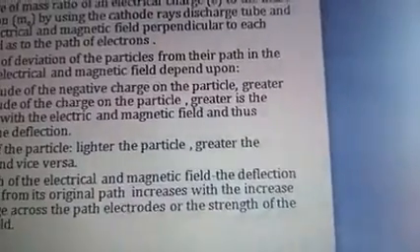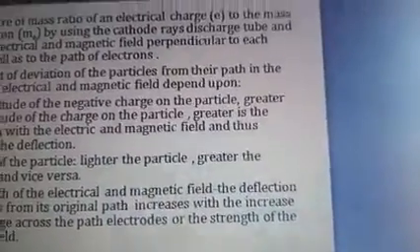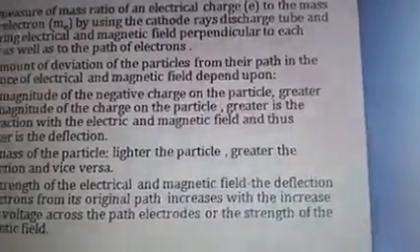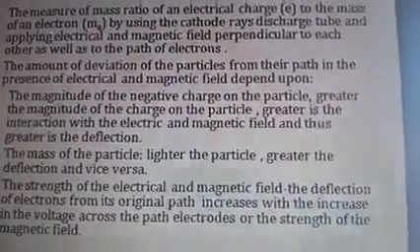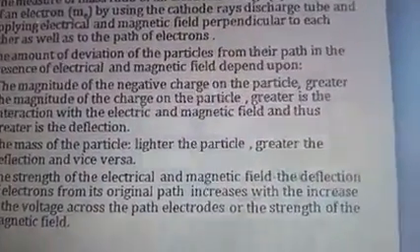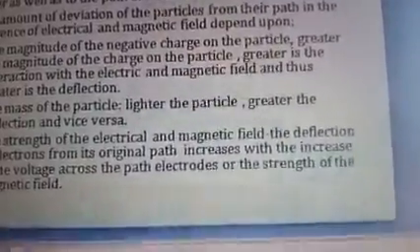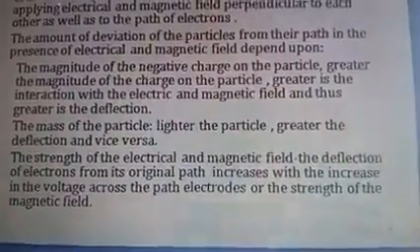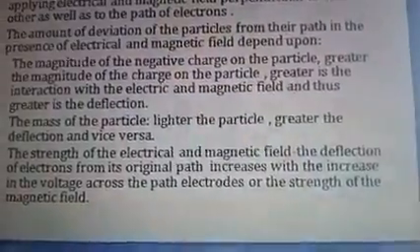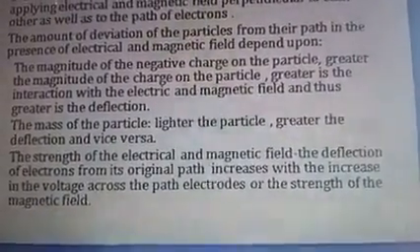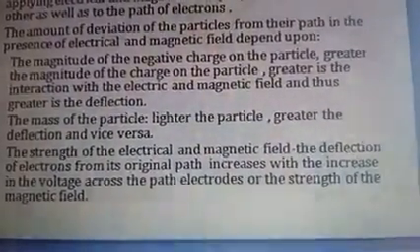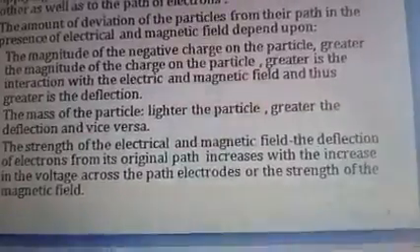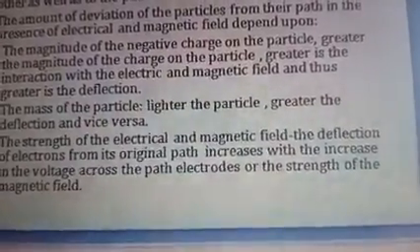The amount of deviation of particles from their path in the presence of an electrical or magnetic field depends upon, that means these angles depend upon, number one, the magnitude of the negative charge of the particle. The greater the magnitude of charge of the particle, the greater is the interaction with the electric and magnetic field, and thus the greater is the deviation.